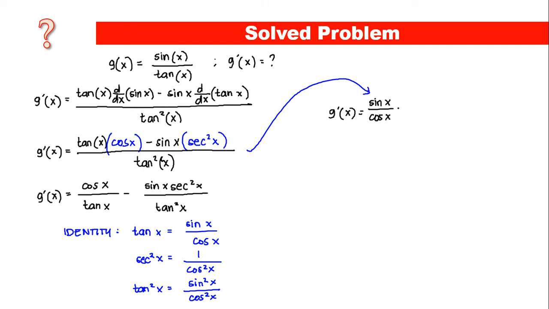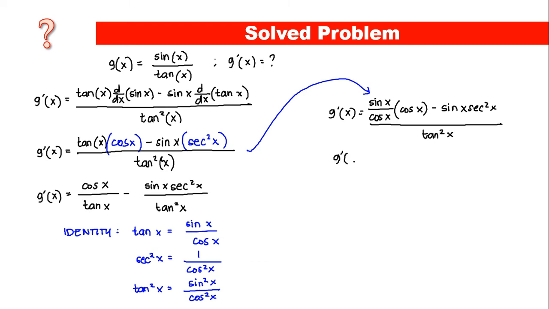Cosine x times cosine x, right? Minus yung ating sine x secant squared of x all over tangent ng squared ng x.